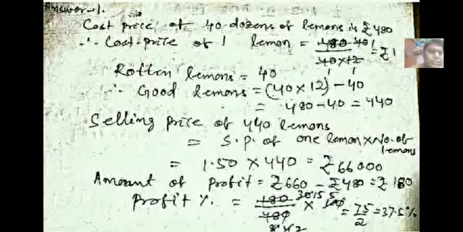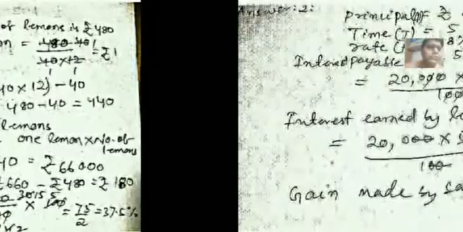Selling price is 660, cost price 480, so rupees 180 is the gain. Then what is the profit percent? It is profit by cost price into 100. So 180 divided by 480 into 100. If you cancel and simplify, you get 75 by 2 or 37.5%. This is about question 1 related to profit and loss.